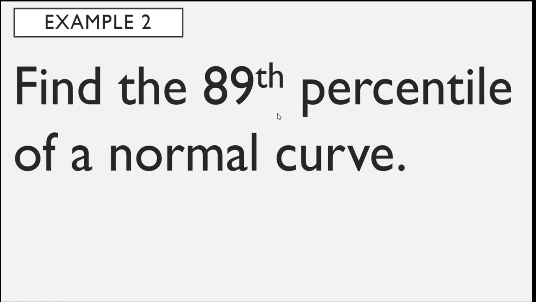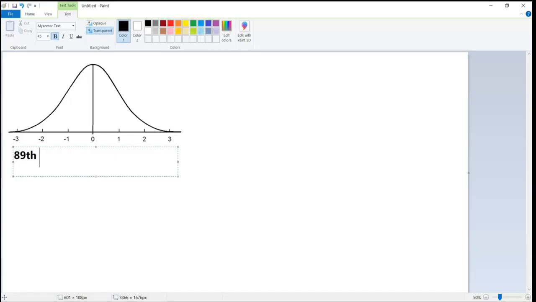Let's have this example. Find the 89th percentile of a normal curve. So in a normal curve, let's locate where can we find the 89th percentile. The 89th percentile basically means that 89% of the data is below a relative standing 89th. If we want to convert it into area, 89% is equal to 0.8900.